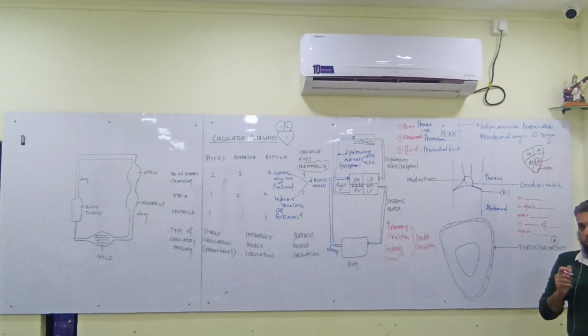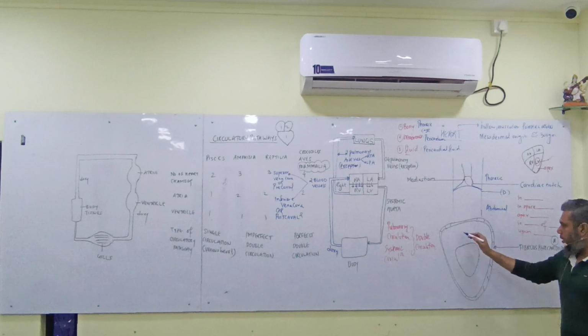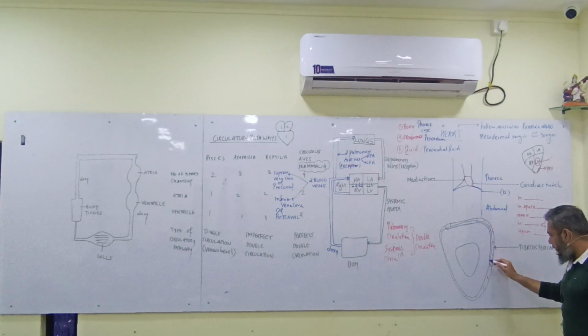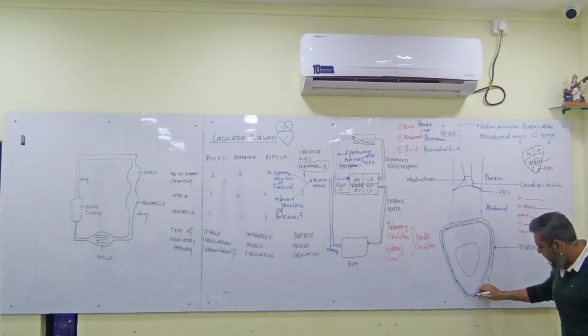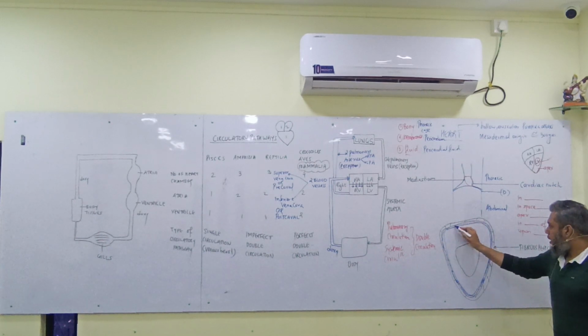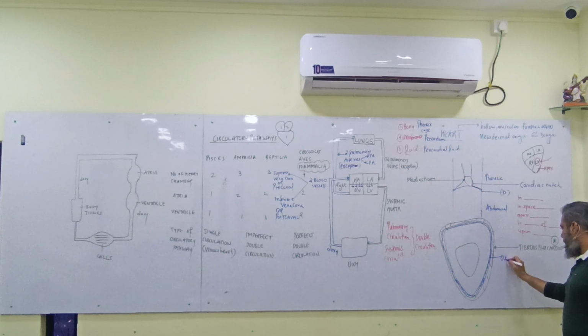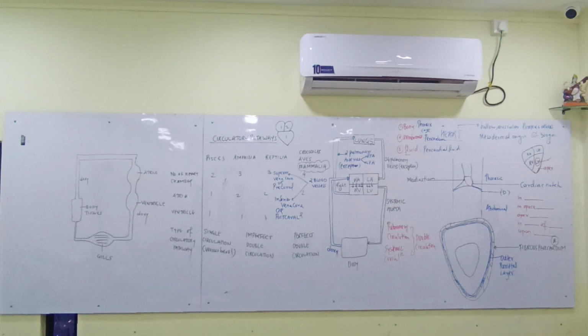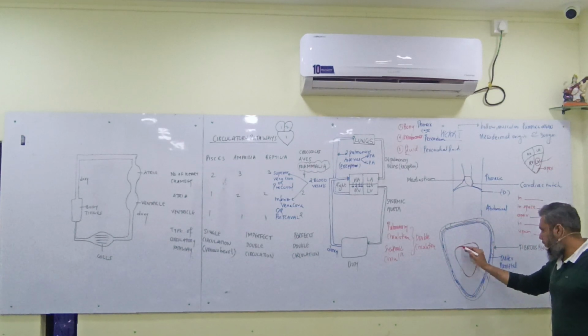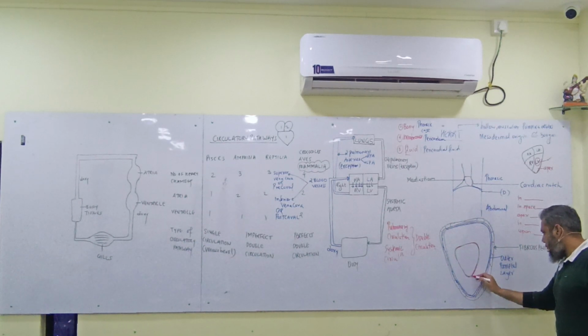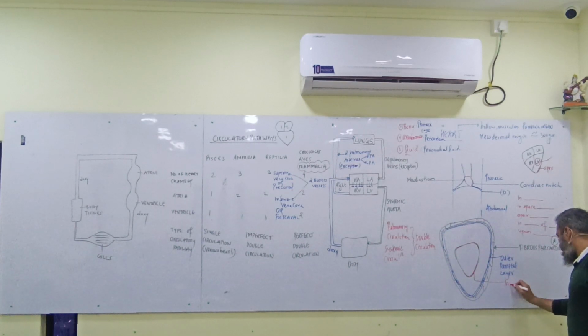Followed by two more layers. One layer near or beneath the fibrous pericardium, which is called the outer parietal layer, and the covering immediately on the heart itself is the inner visceral layer.